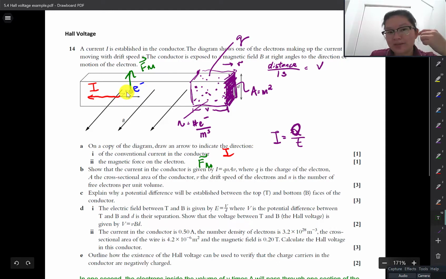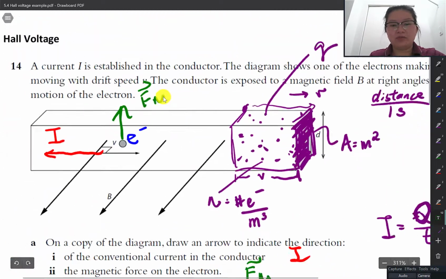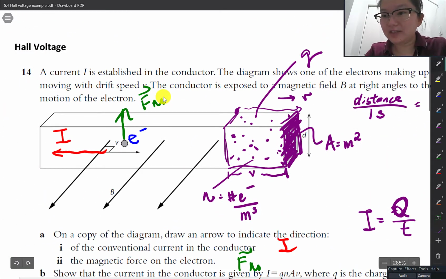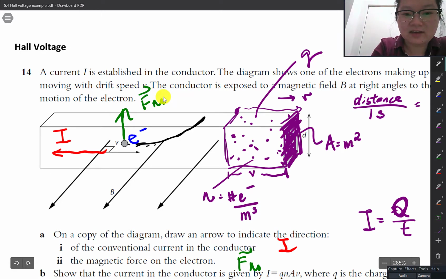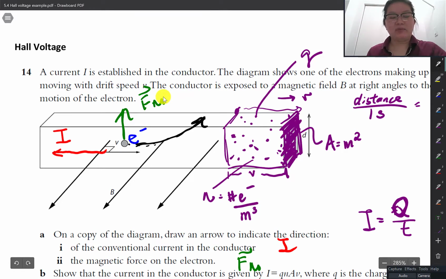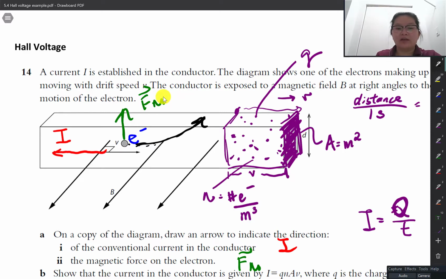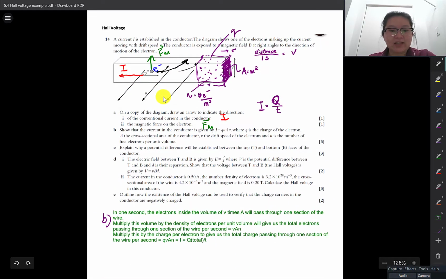We already know that the magnetic force is acting upward on this electron as it is moving. So as these electrons move through this magnetic field, they will start to curve upwards like this. And depending on how fast they are moving, the curvature might be like this or this, however that's going to be.